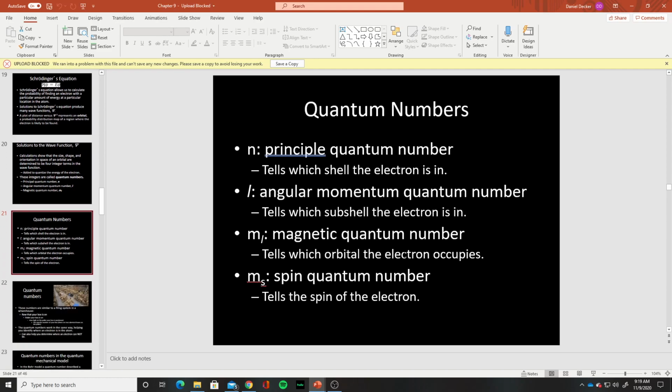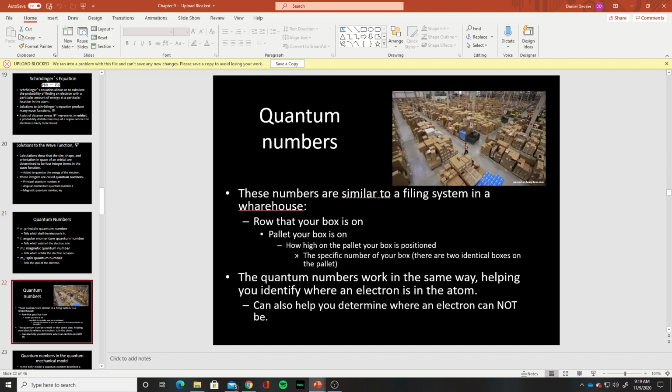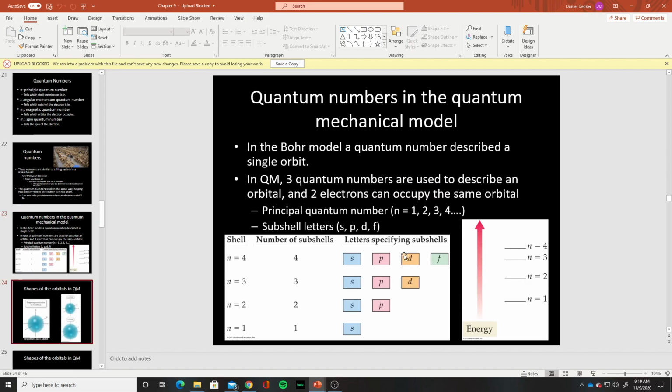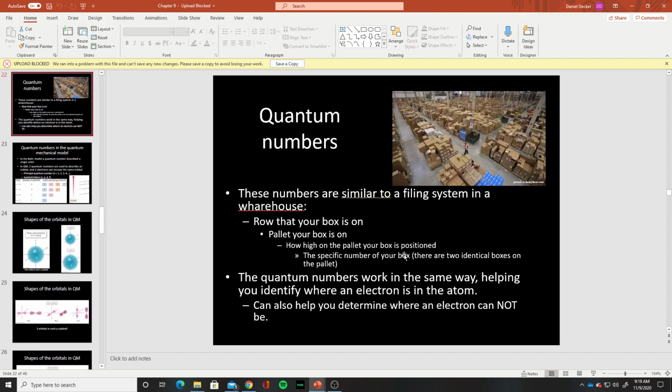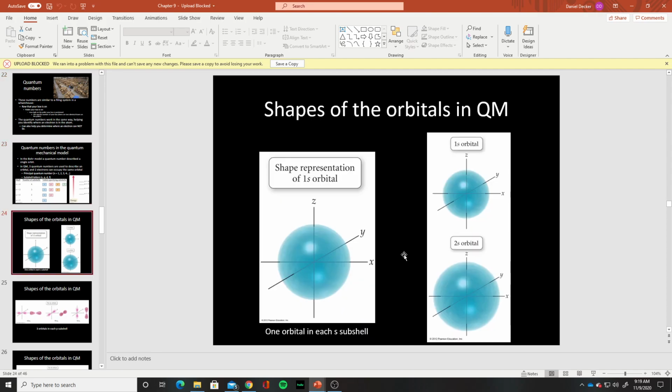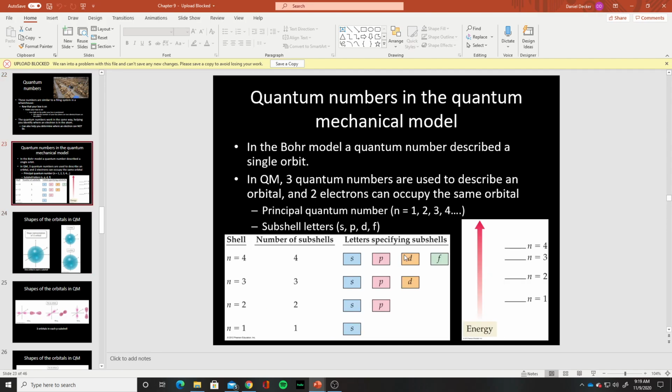Alright, so now we're getting into some more stuff here that you do need to know. You do need to know the quantum numbers, or more specifically, how to assign quantum numbers to electrons. So this whole section in here, where we talk about the quantum numbers, we talk about how they're essentially a filing system in the atom, we talk about all the shapes and the relative numbers of the different orbitals inside subshells.